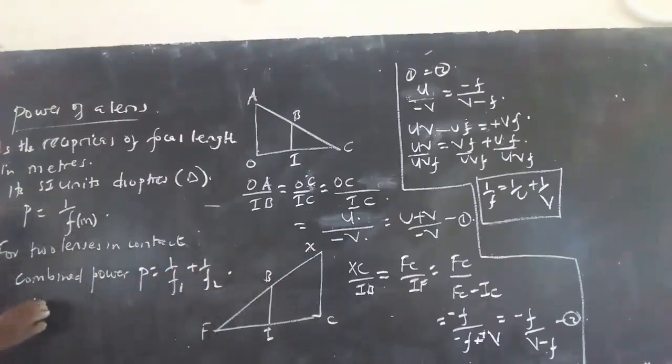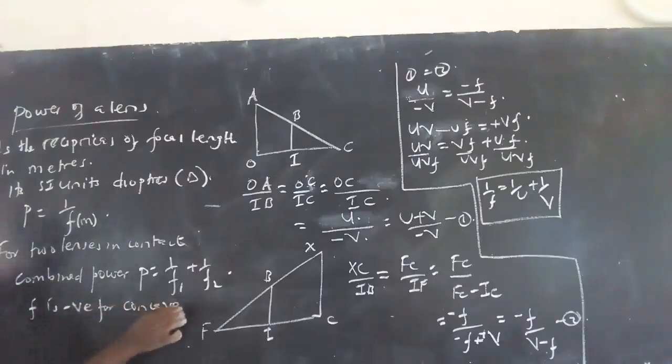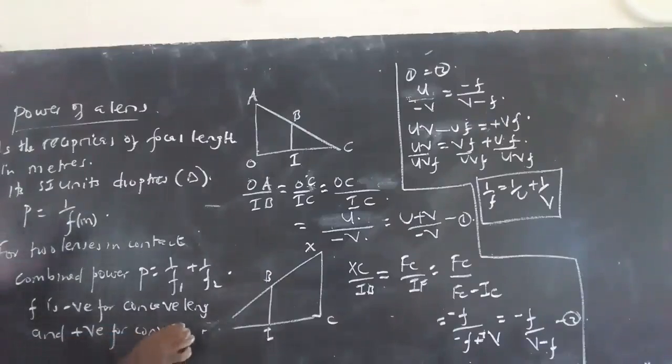Then F is negative for concave lens and positive for convex lens. So take note of those things.